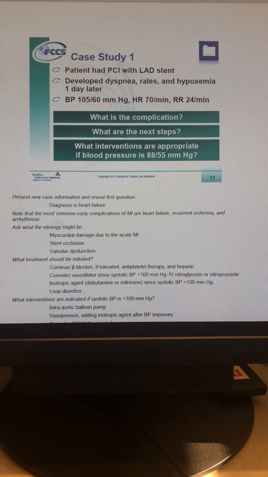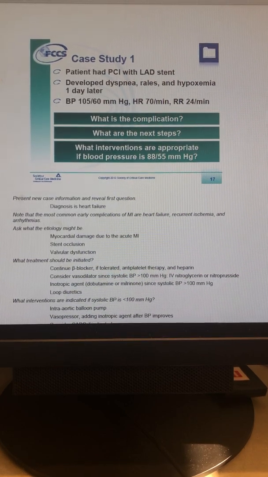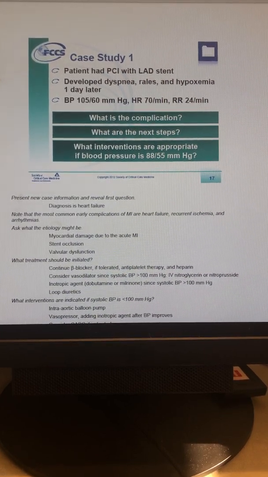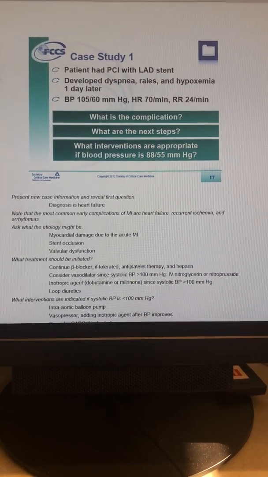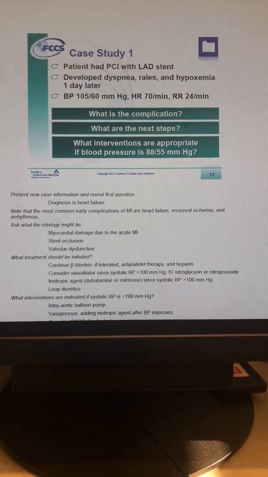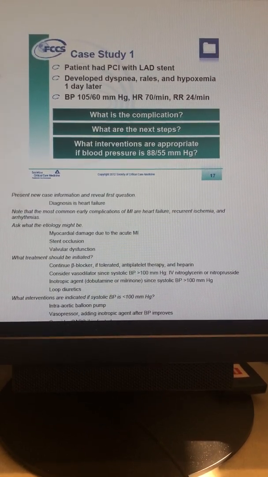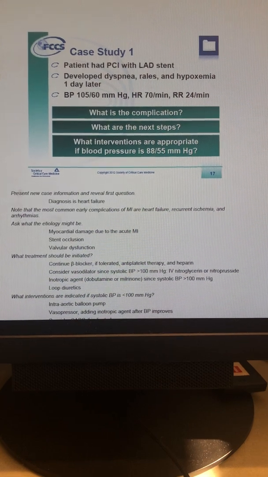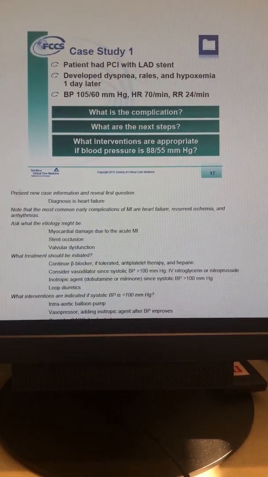If you have a heart attack in the left ventricle, that might mess up the anatomy and might give you, a day later, acute mitral regurg, and that would manifest as congestive heart failure or pulmonary edema. So these are the three things that should go through your mind, and the treatment is obviously different.